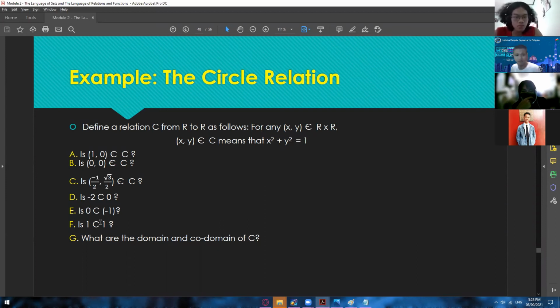Okay, the correct answer in letter F is no. 1 squared plus 1 squared is already equal to 2, wherein 2 is not equal to 1. So 1 is not in relation with 1. And then, what are the domain and codomain of C? Let me answer letter G. Anything is actually possible, and we cannot list everything.